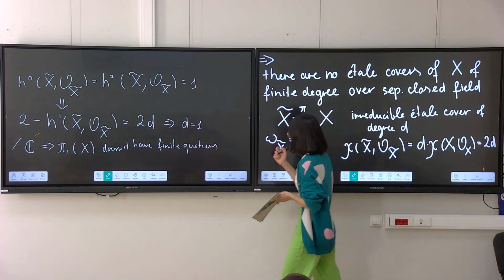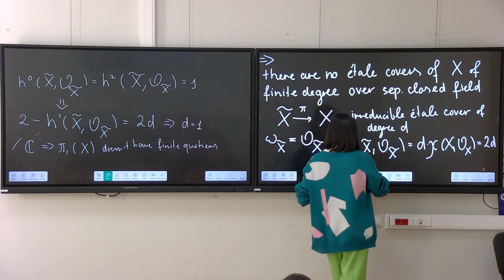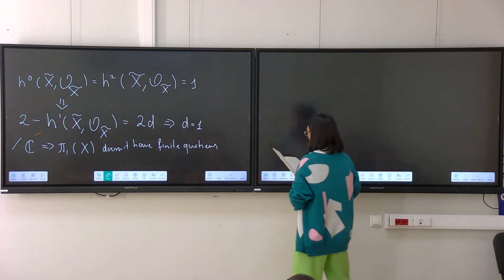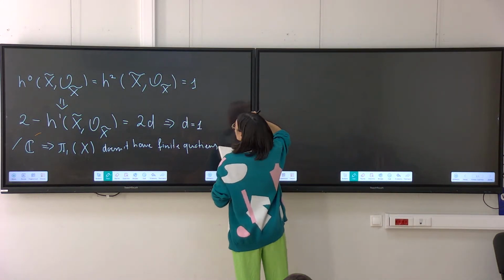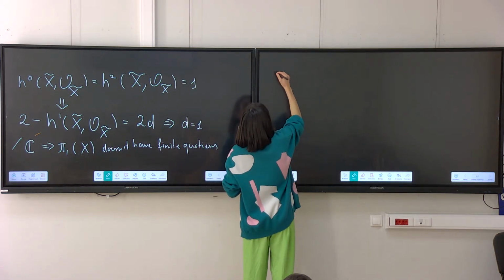Okay. This was the first computations with K3 surfaces, and now let me state the Riemann-Roch formula for a line bundle on a K3 surface.